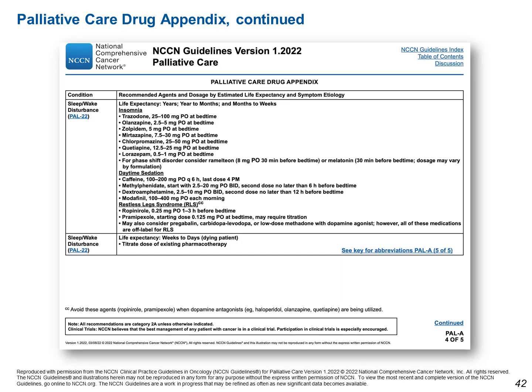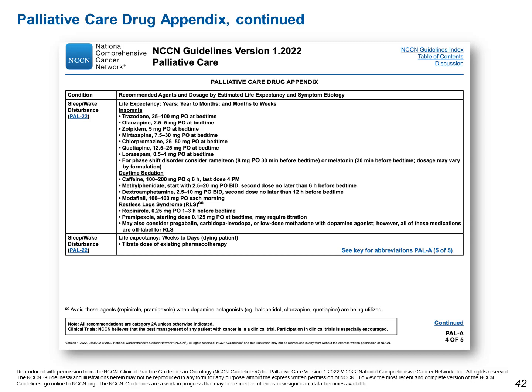How about sleep-wake disturbances, insomnia, daytime sedation, or restless leg syndrome? As outlined, multiple drugs are of useful consideration: trazodone, olanzapine, zolpidem, mirtazapine, chlorpromazine, quetiapine, and for phase shift disorder, consider ramelteon, 8 milligram PO 30 minutes before bedtime, or melatonin.